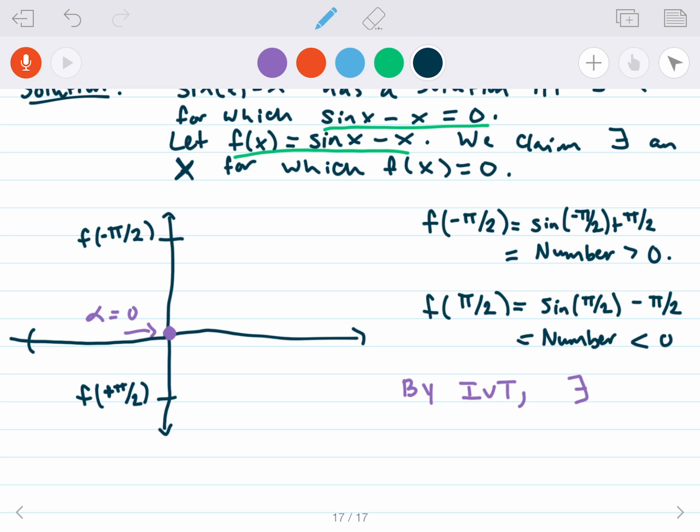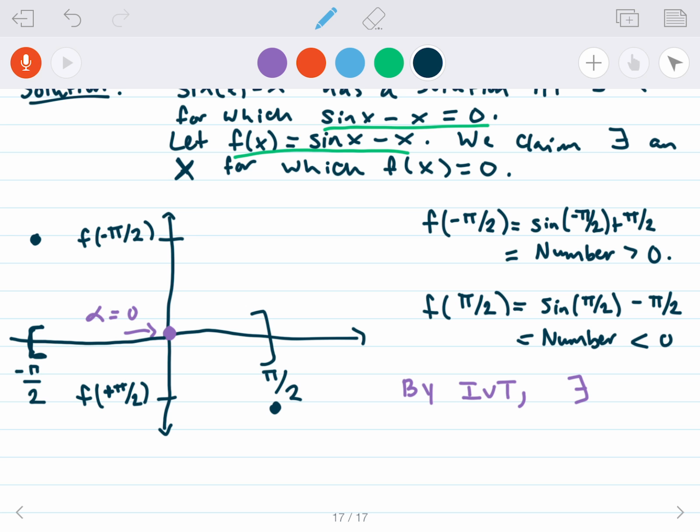So this is going to be negative pi over 2 right here, and I'll draw this as pi over 2 right here. So there's going to be some c that achieves 0. Let's say that this is right here. And so at pi over 2, I'm going to be down here.